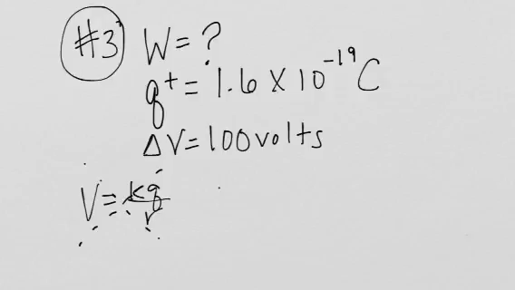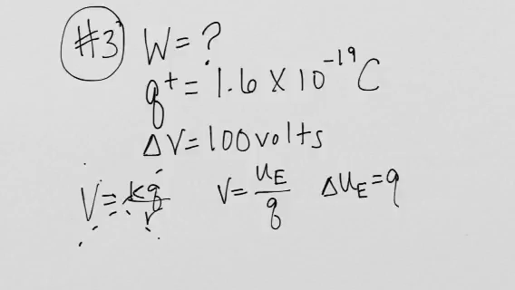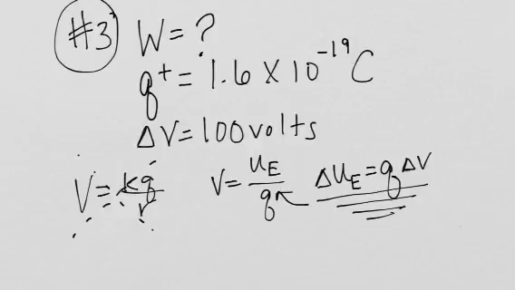I can get it from my Foursquare as energy over charge, but I can also get this formula from my formula sheet because it's written as the change in electric potential energy is equal to the product of charge times change in potential. And this formula, which is the definition of potential, is the one I want to use right now.